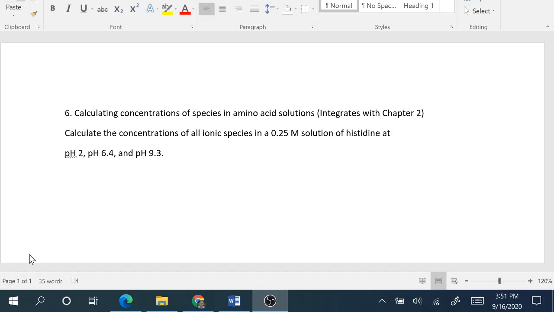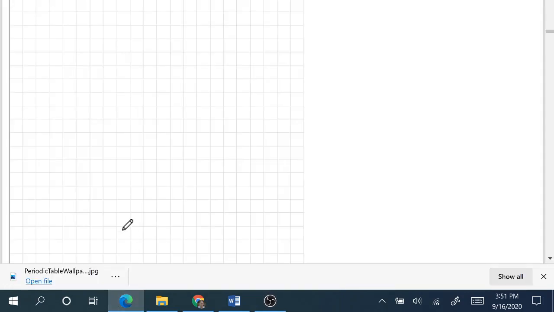But the calculation for all of them is basically the same, and it is given in your study guide. So you can go ahead and do that if you want, but I'm just going to stick with the major species, okay? So let's get started.